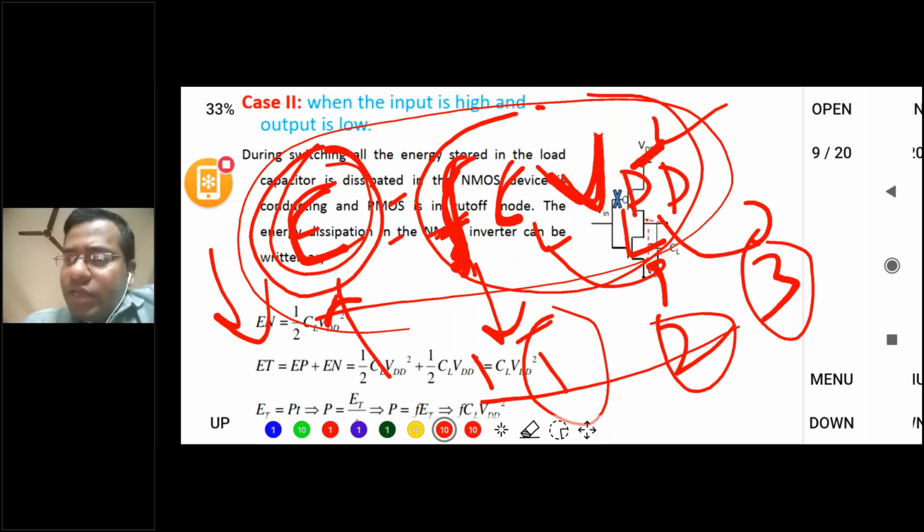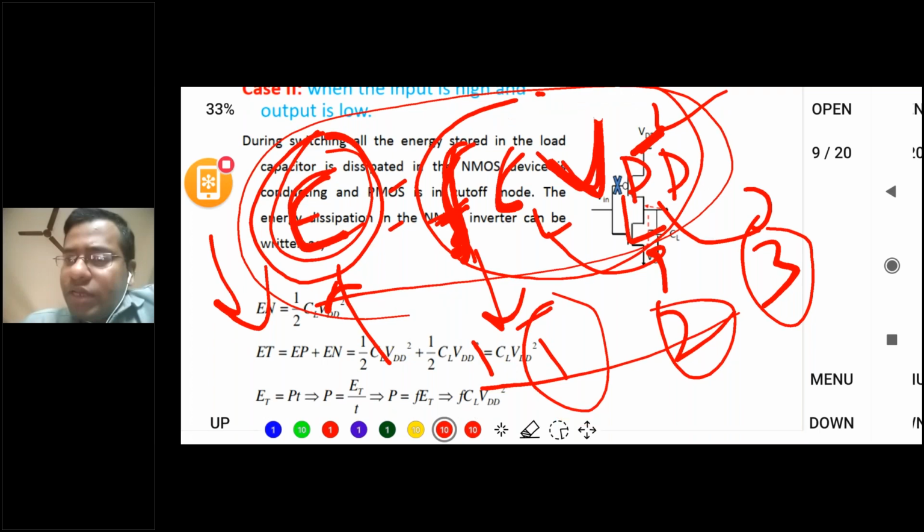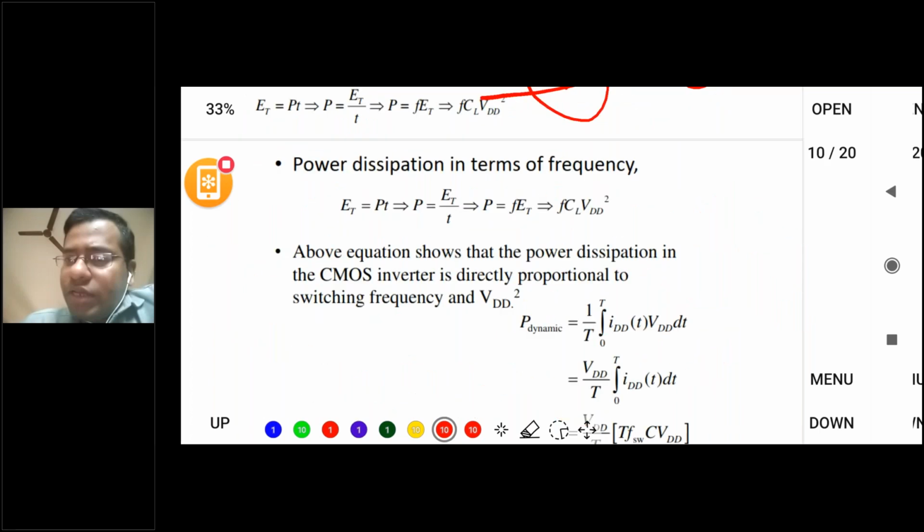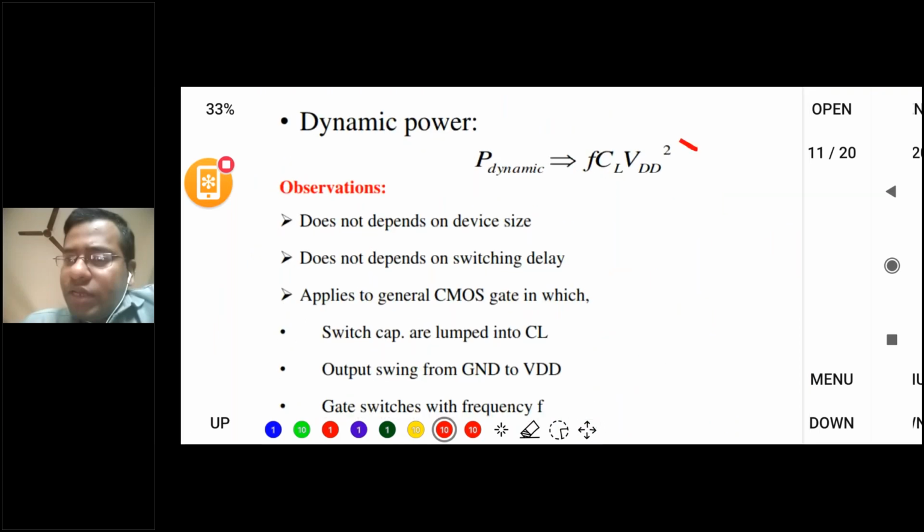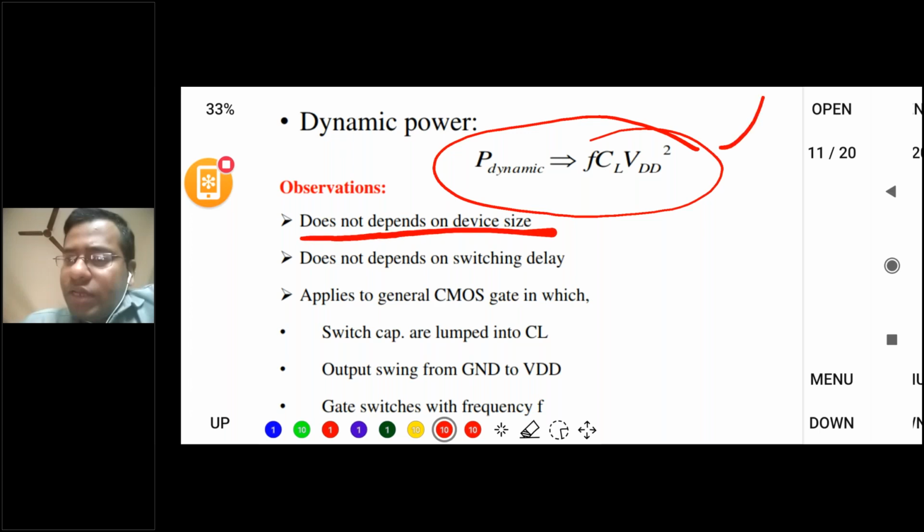Okay, fine. So now we go for some more points. Already I discussed this one. This is a general formula I already calculated. You observe dynamic power. Now the dynamic power does not depend on the device size. It does not depend on the channel length, or whatever parameter you selected, or your W by L ratio, because here there are only three parameters.